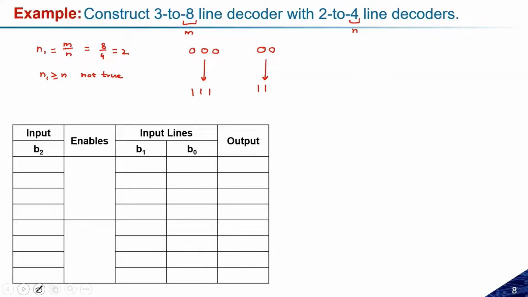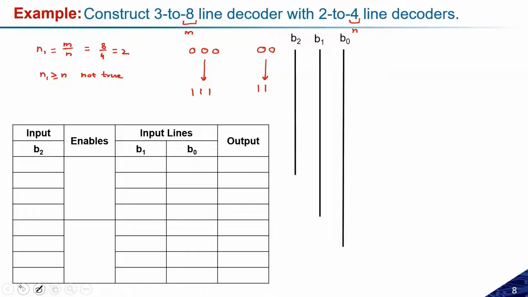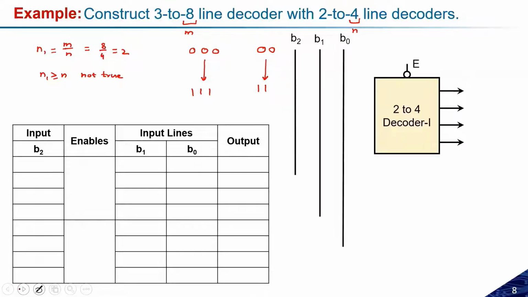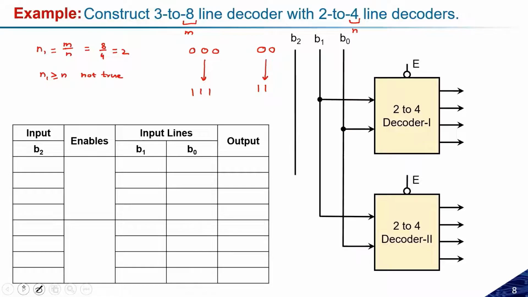Let us consider I have 3 inputs, B2, B1 and B0. We know that any 2 inputs can be utilized to control the 2 cross 4 decoder. How can it be controlled? Let us assume I have a 2 cross 4 decoder, and the 2 inputs are controlled with the help of B1 and B0.